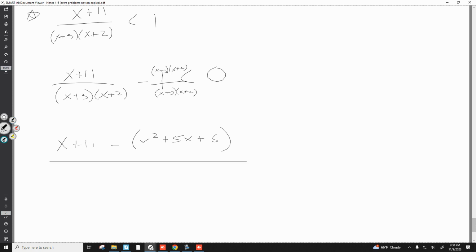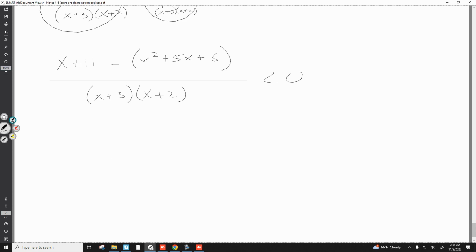Okay, now we have this situation where we have our combined fraction and 1, like that. I went ahead and distributed the x + 3 and the x + 2 in the numerator. I'm going to subtract the x², subtract the 5x, subtract the 6.